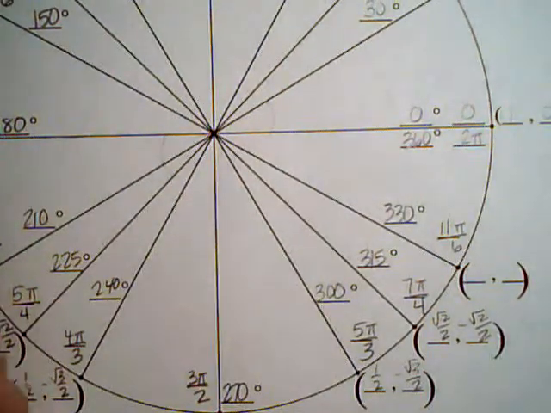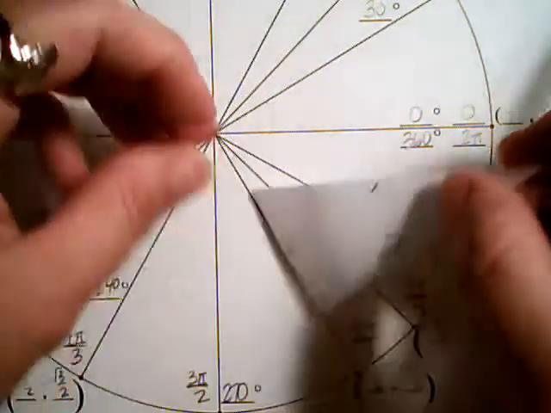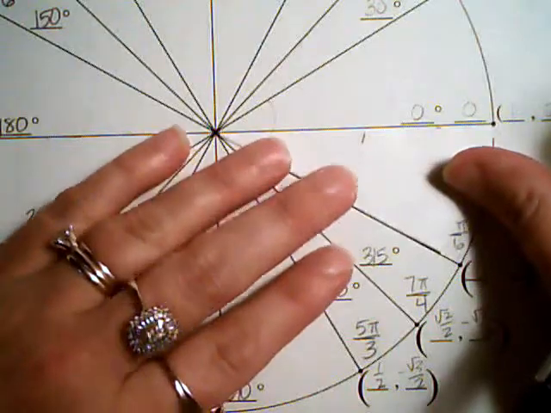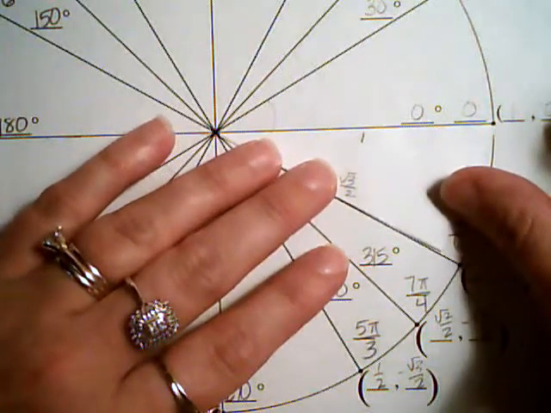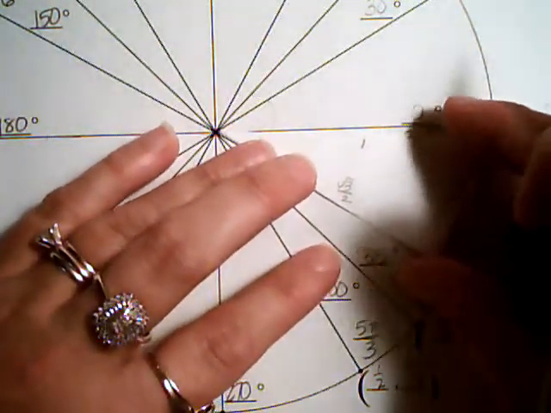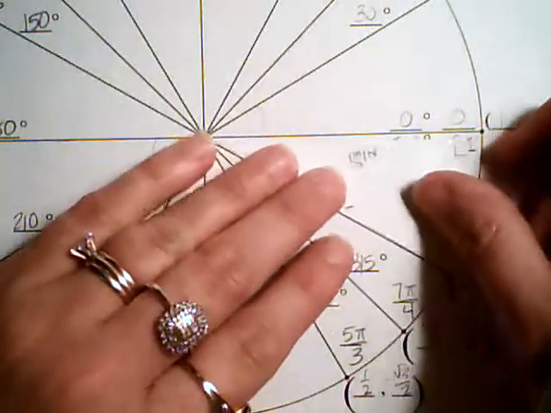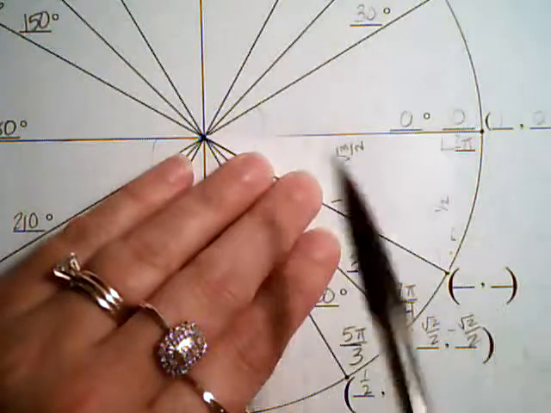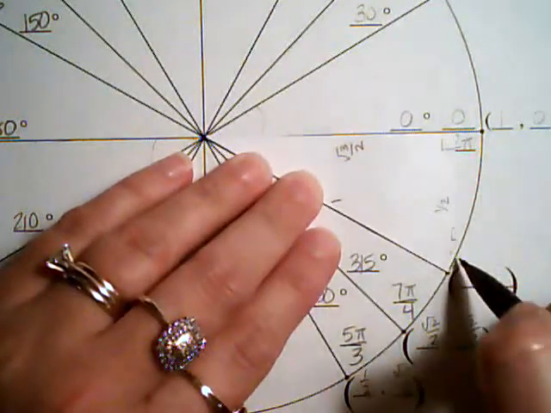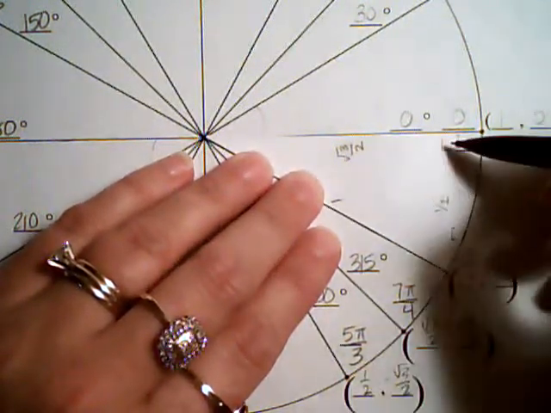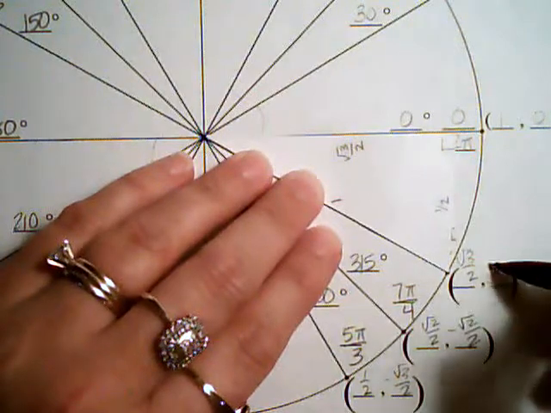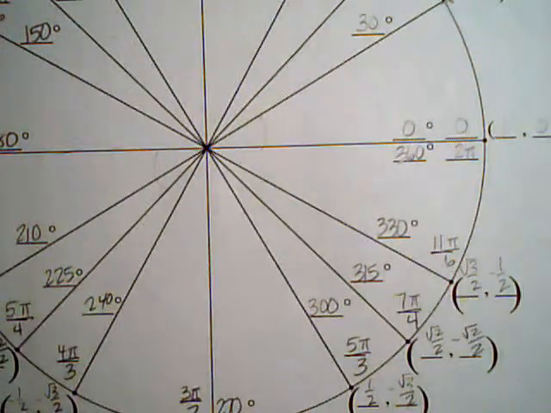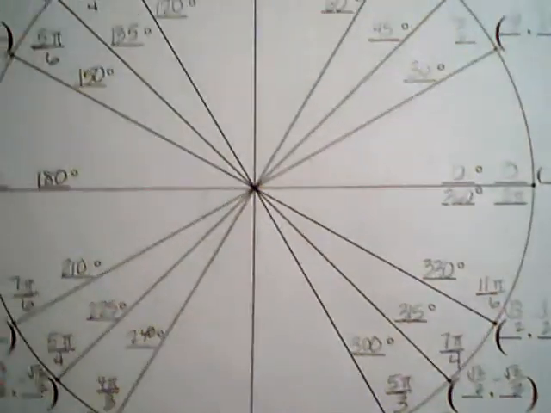And then for 330 degrees, use the 30, 60, 90, and I need to flip it around. The x value would be the long side, square root of 3 over 2, and then the y value would be negative 1/2. Okay, so now you should have the unit circle complete.